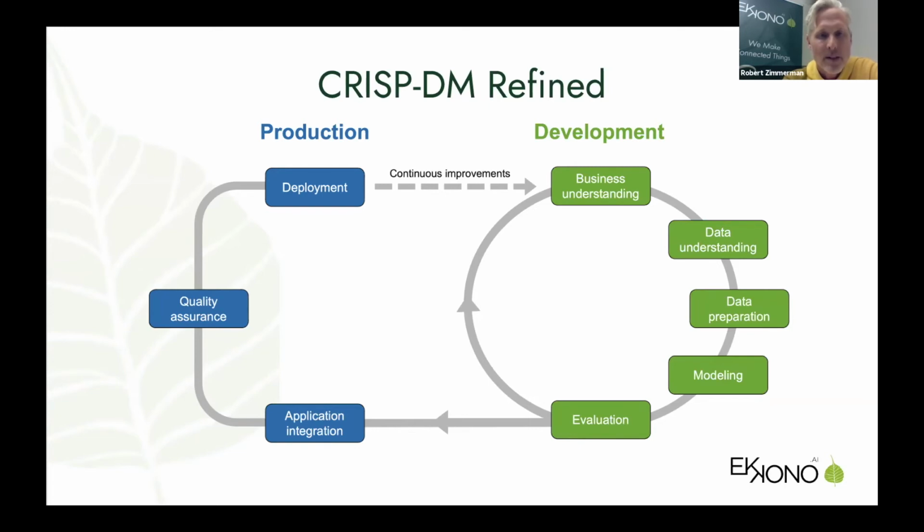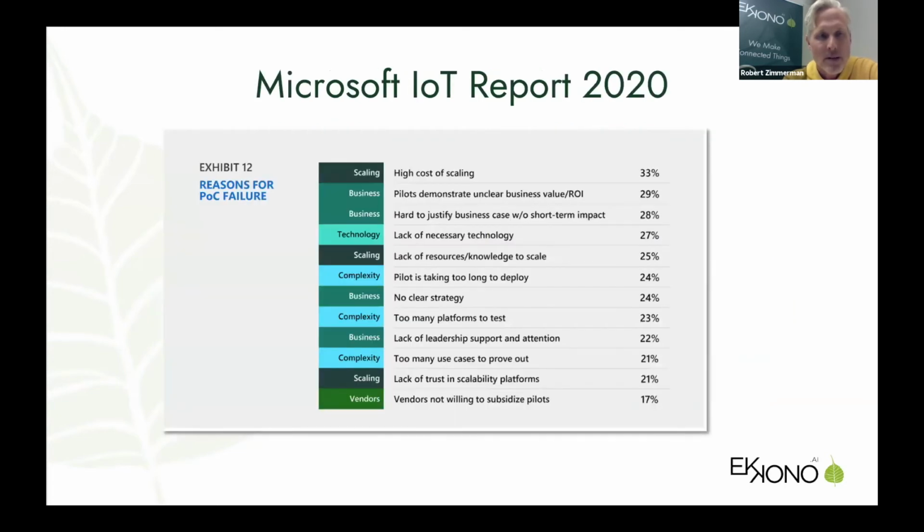Leaving CRISP-DM, before rounding up, I want to show a slide from the Microsoft IoT report. And I want to point out numbers 2 and 3 here. The pilot demonstrates unclear business value and a hard-to-justify business case.